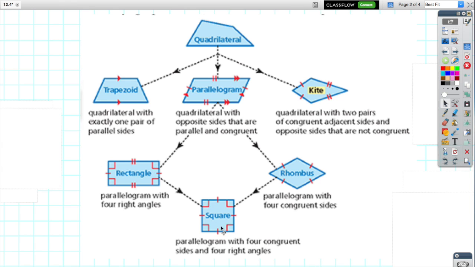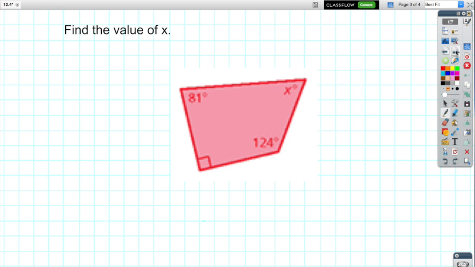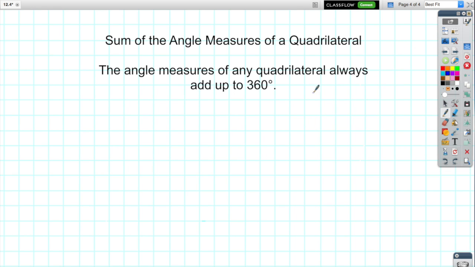Probably the easiest one to show this is a square: 90 degrees, 90 degrees, 90 degrees, 90 degrees. 90 times 4, that's 360. Even though I don't know the measurements on this trapezoid, if I take this measurement plus this one, plus this one, plus this one, that would be 360 degrees. And I could do it on this quadrilateral too. So no matter what quadrilateral you're looking at, the sum of the angle measures is always 360.